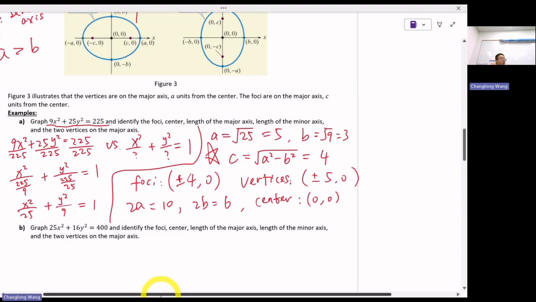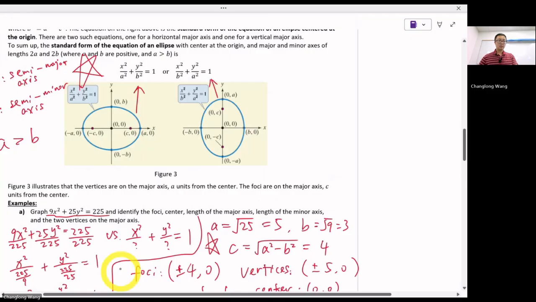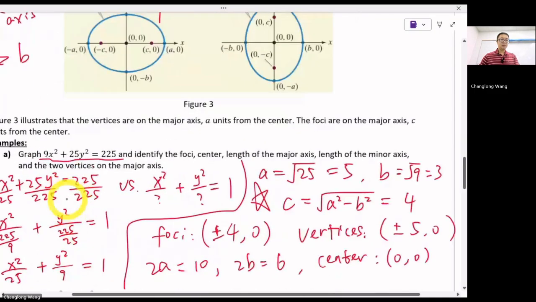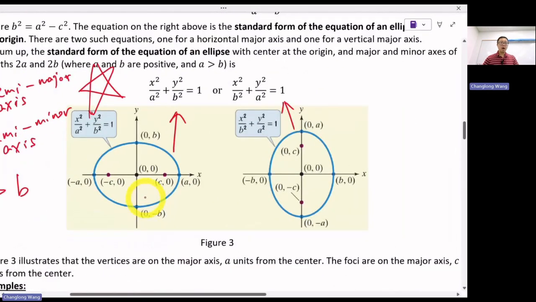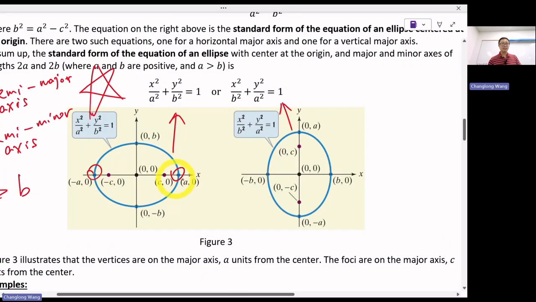Right, but there's no name, right? So basically, Lucia was asking why we're calling the endpoints of the major axis vertices. But what about those 2 points? They are the endpoints of a minor axis, right? But somehow the book decided not to call them anything. Just some points.